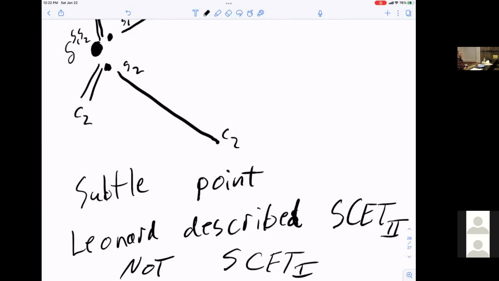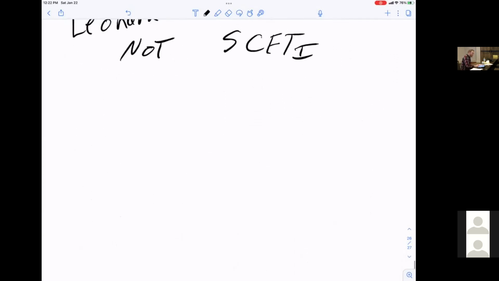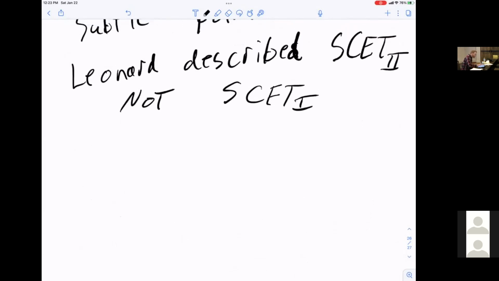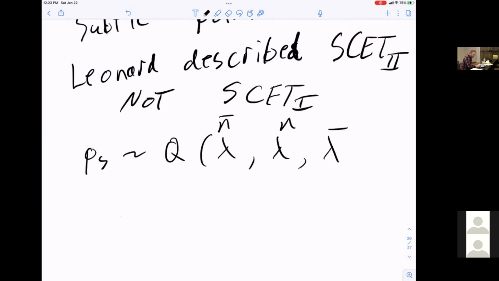When you're in SCET2, your soft Wilson lines are actually arising out of a matching condition. And you can see this because in SCET2, I'll go ahead and give you the power counting. It goes as Q lambda, lambda, lambda, where this is n bar in per.